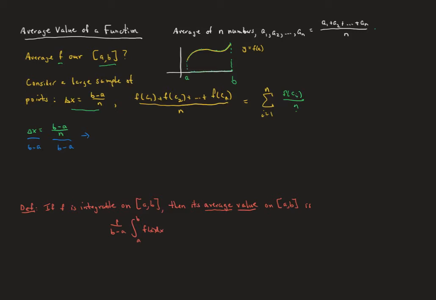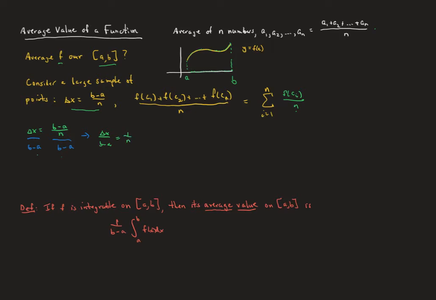So we're going to say that our delta x is going to be b minus a over n. So we're taking these points that are evenly spaced. If we divide both sides of that equal sign by b minus a, then what we're going to get is that our delta x over b minus a is equal to, and that's going to become a 1 over n.